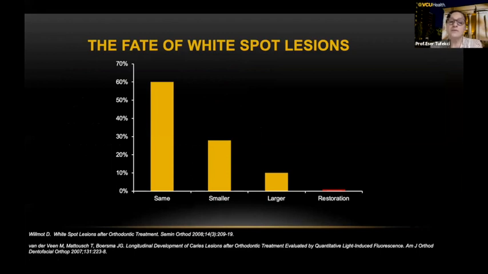However, there is like about 30% that become less severe, like the depth could decrease or the size could decrease. So there's improvement in about 30% of these lesions. Thankfully, only 10% become larger and only about 3% will require restorations.